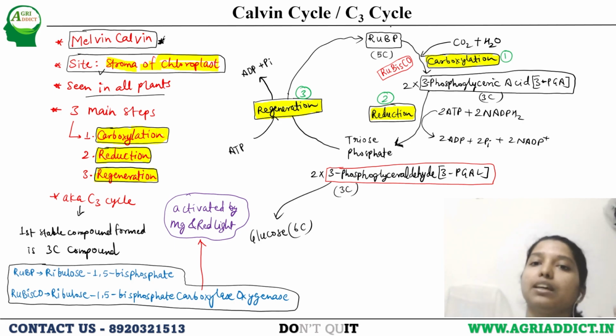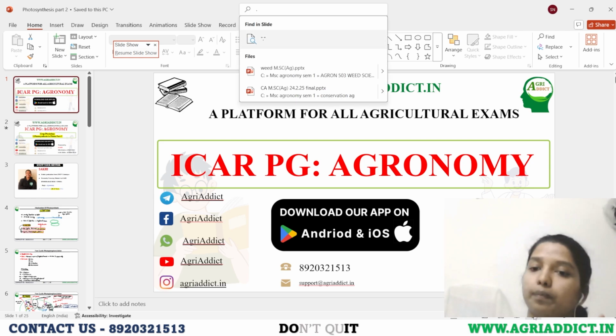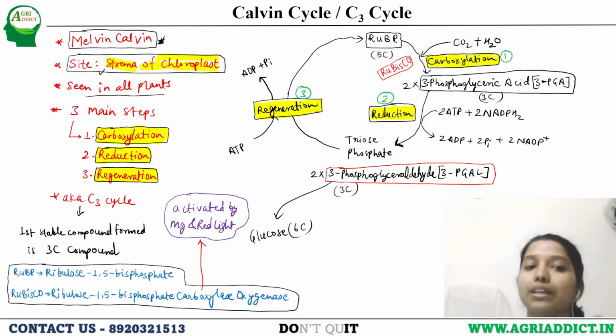So what will happen here? This RuBP is there. What is this RuBP? It is ribulose 1,5-bisphosphate. It is a 5 carbon compound. This RuBP will take carbon dioxide from the atmosphere in the presence of the enzyme rubisco.